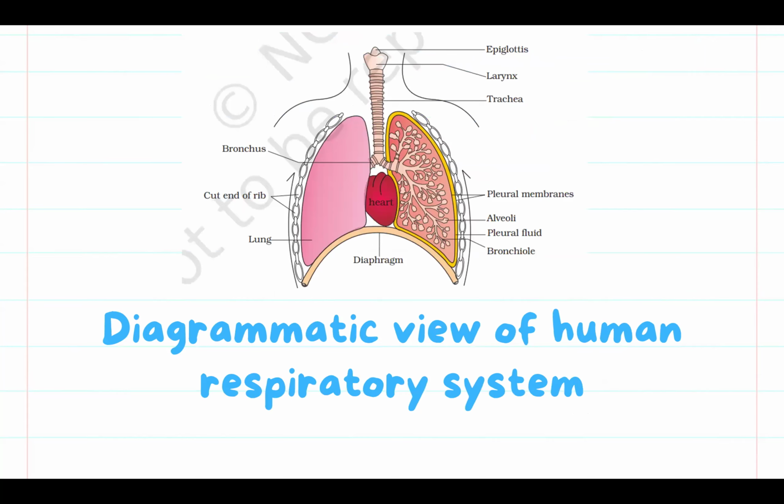Now we look at the diagrammatic view of the respiratory system. At the start, we have the epiglottis, and beneath that the larynx, which is known as the sound box, and beneath that there is the trachea.